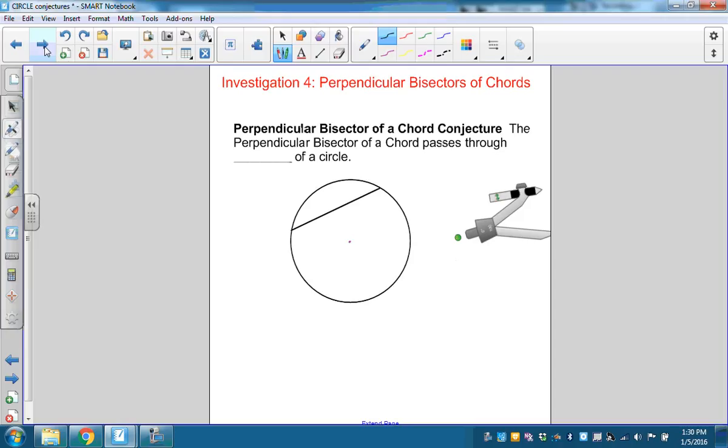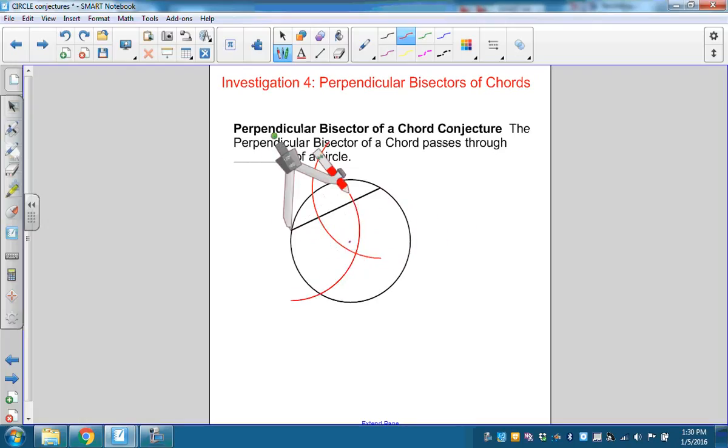If you have a perpendicular bisector of a chord, it should pass through, what do you guess? What's the missing word there? So I'm just going to create a perpendicular bisector by going a little more than halfway. Remember, you do have some constructions that you have to keep up with in this chapter.